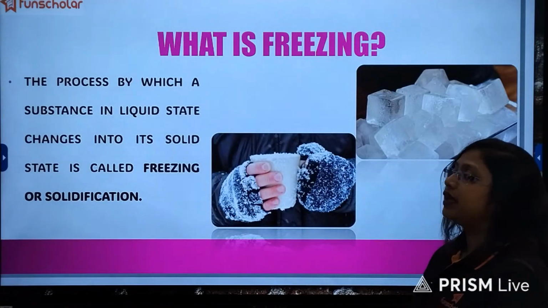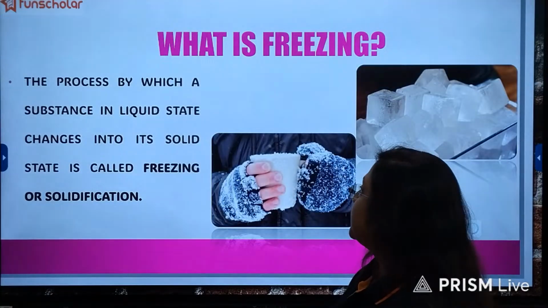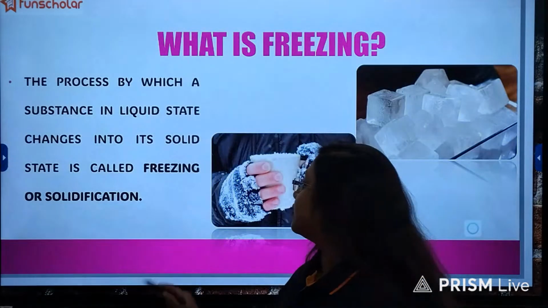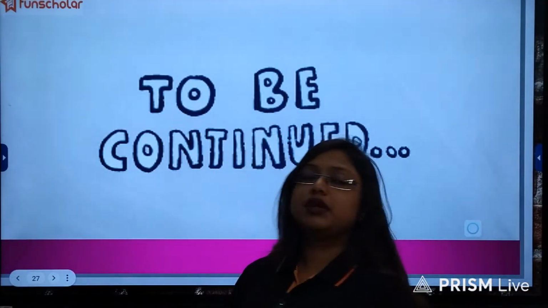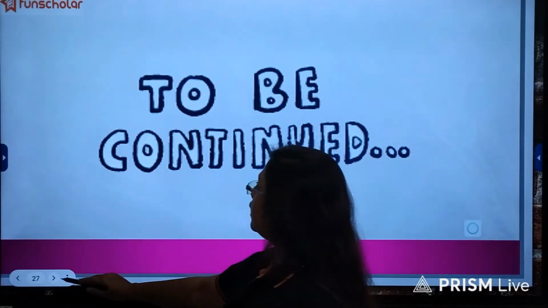So the same thing is happening here, because that water is freezing. The liquid state is changing into solid state, like water to ice. Next we will start our next topic, that is solution.